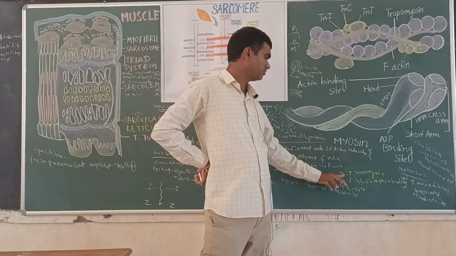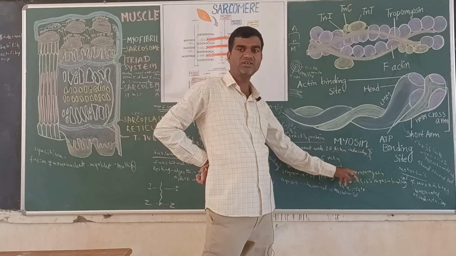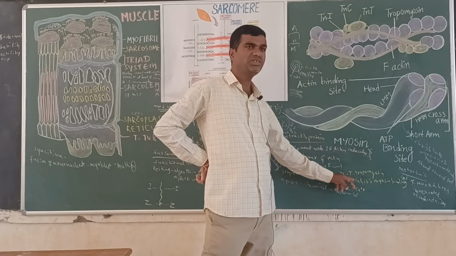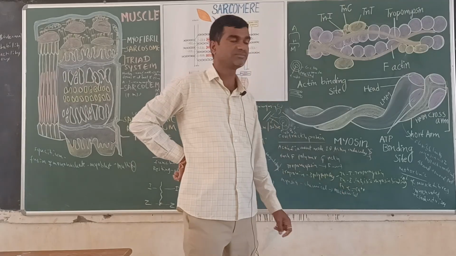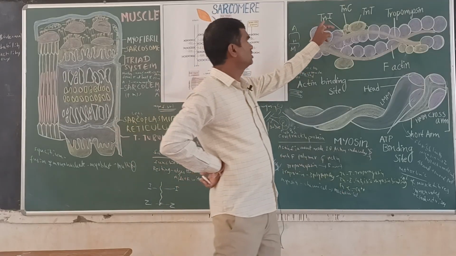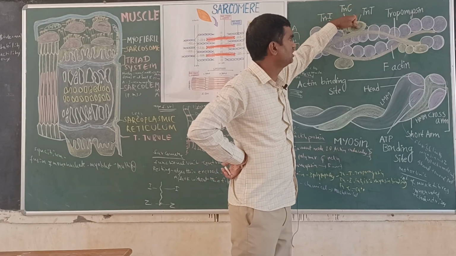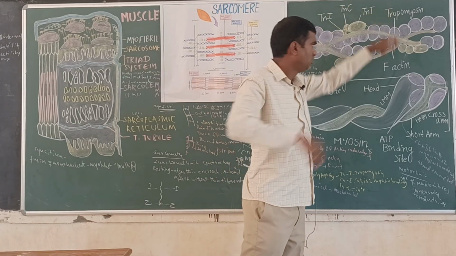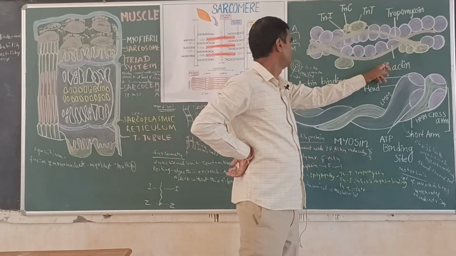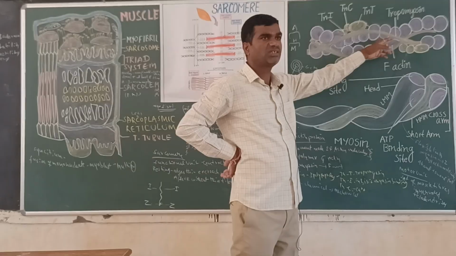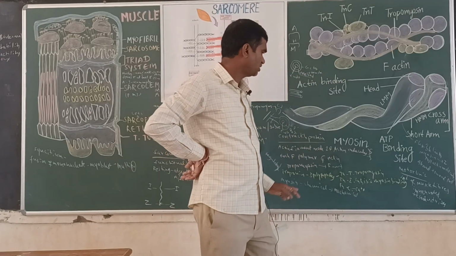Number one, TNT, troponin T. TNI means troponin I. And number three, TNC means troponin C. So this is the TNI, this is the TNC, and this is the TNT. It is the tropomyosin, which lies on the F-actin molecule. And F-actin molecules are further polymers of monomeric globular protein, called G-actin molecules.